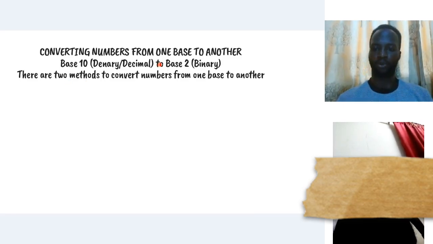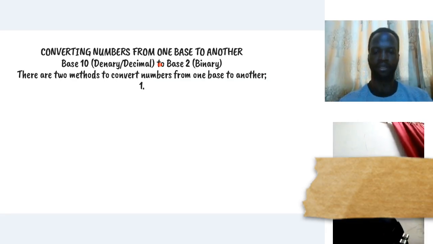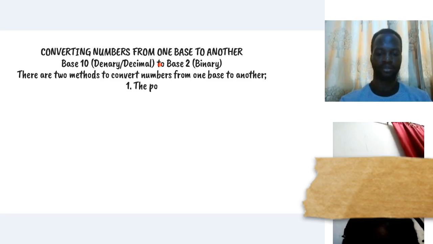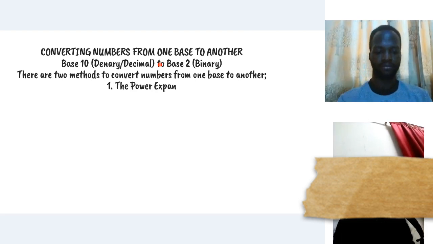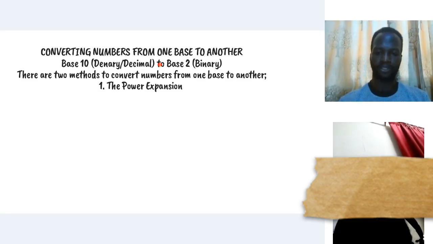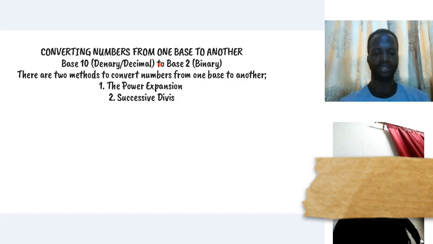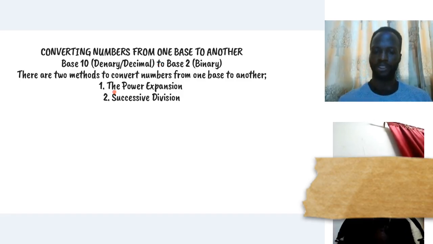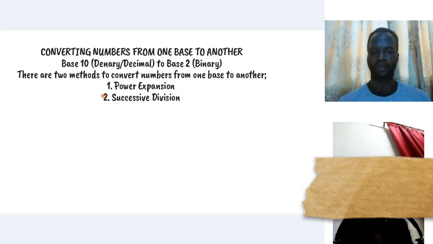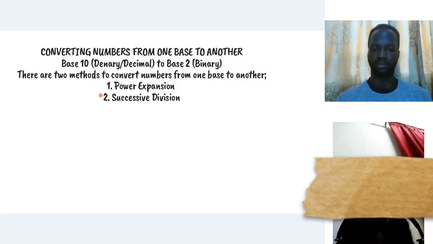Number one is the power expansion method. Number two is successive division.